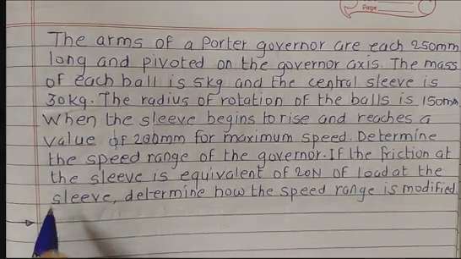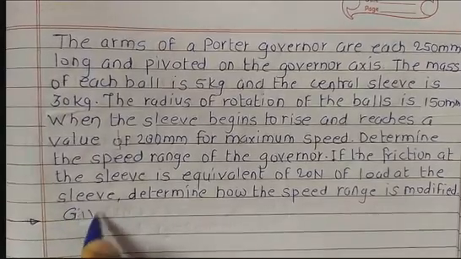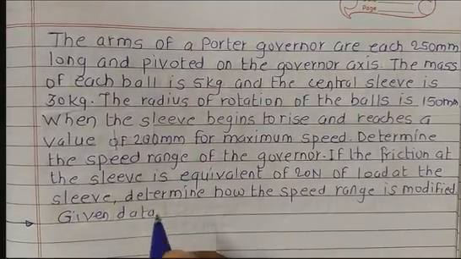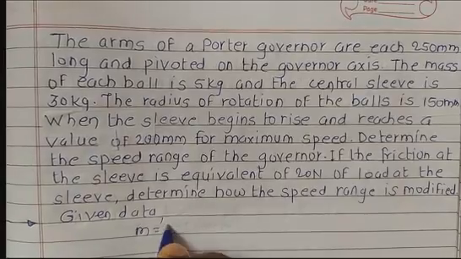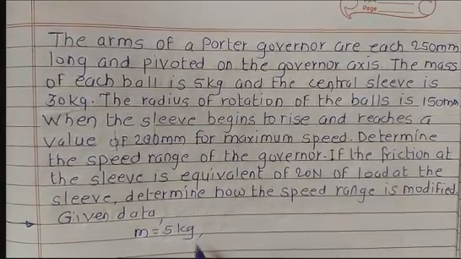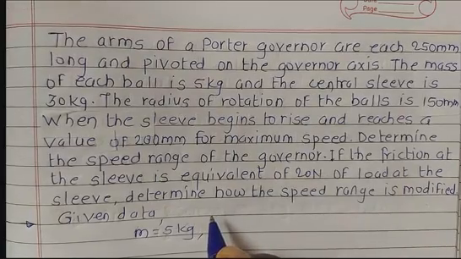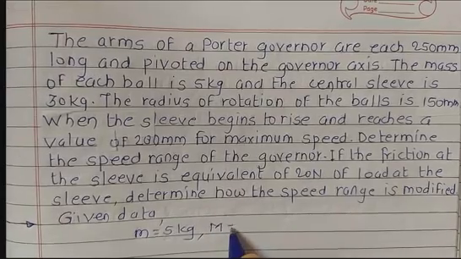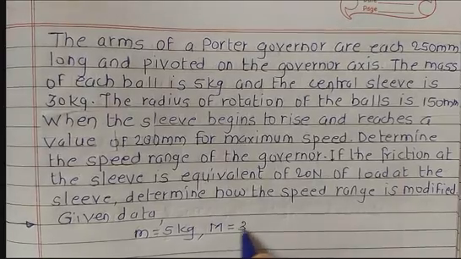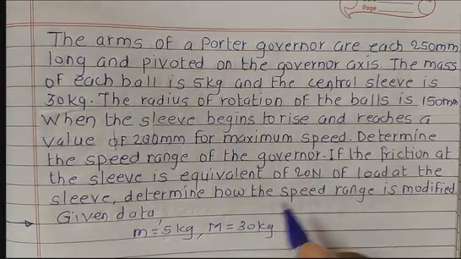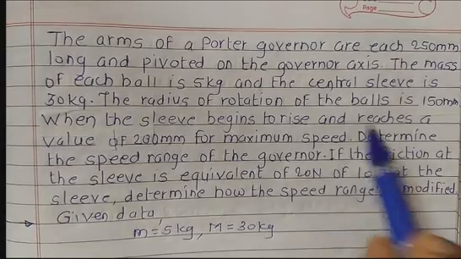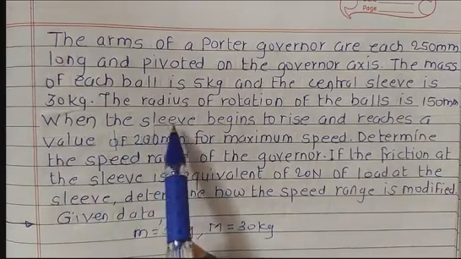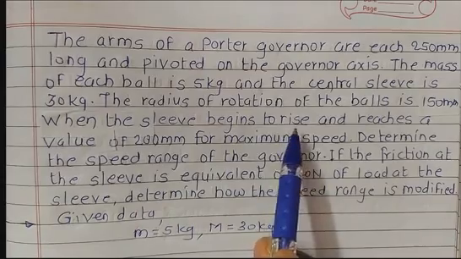First of all, write down the given data. In this case, the mass of the fly ball is given as 5 kg. The load on the central sleeve is given as 30 kg. The radius of rotation of the balls is 150 mm when the sleeve begins to rise.